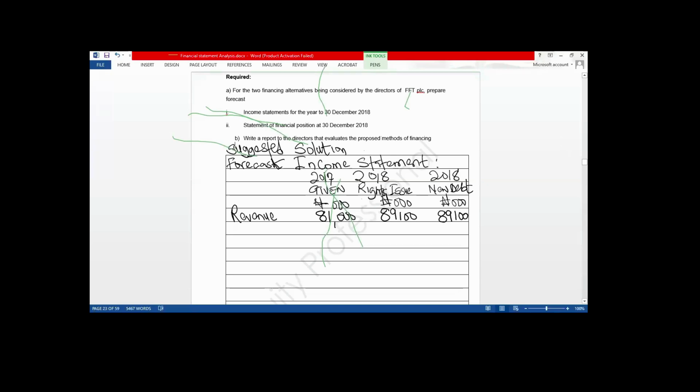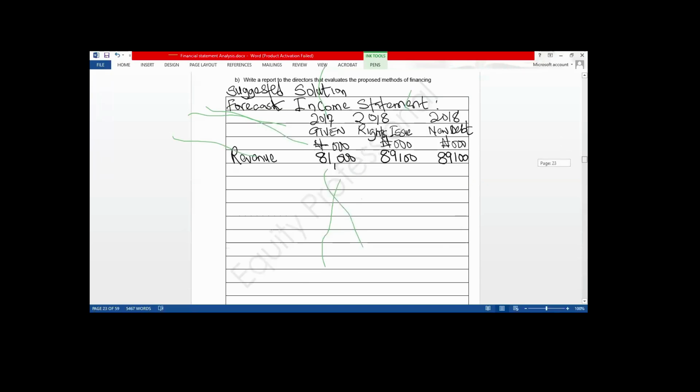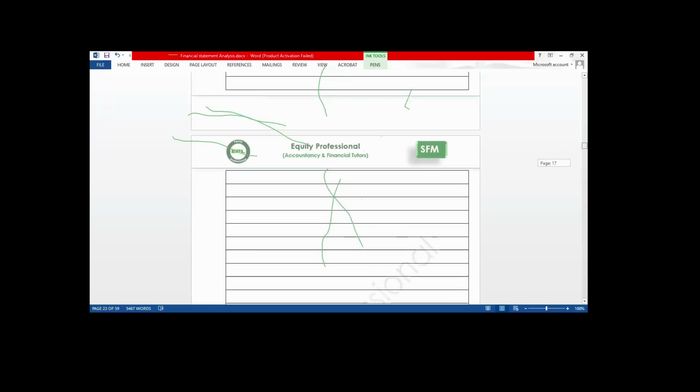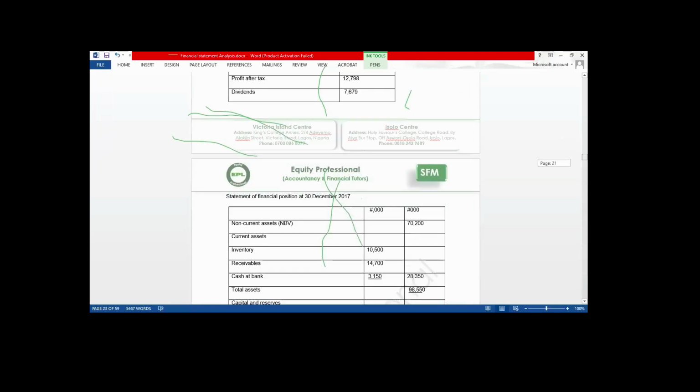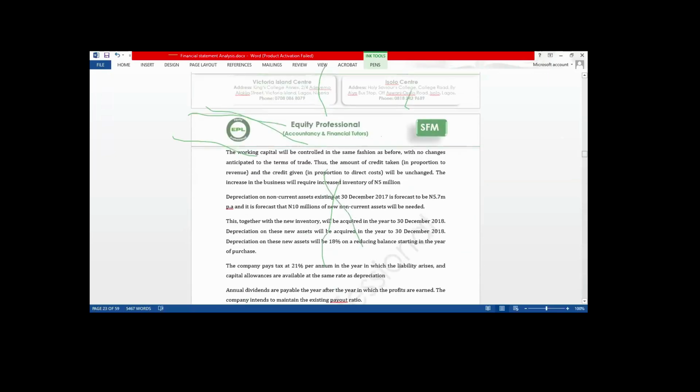Back to the question. Continue. In order to finance the expansion, the directors are considering either a rights issue or a new debt finance.